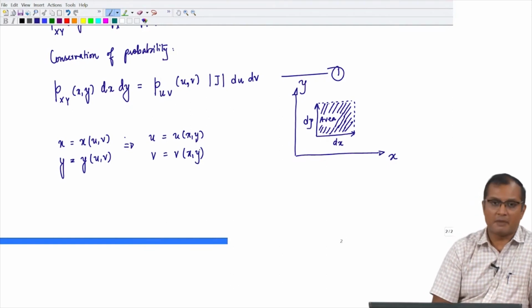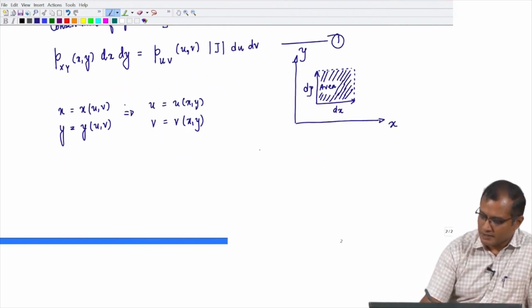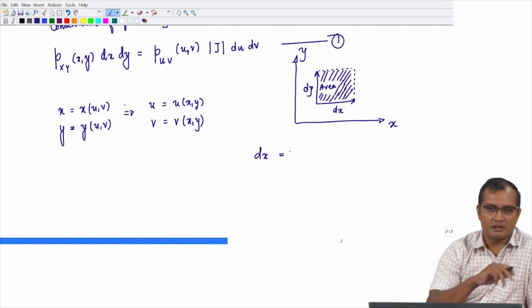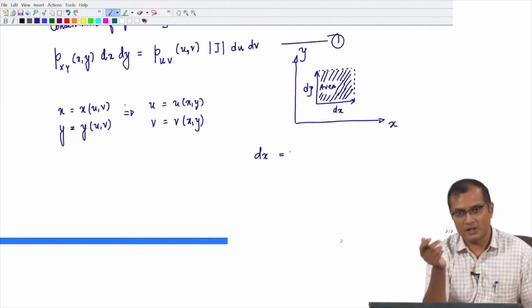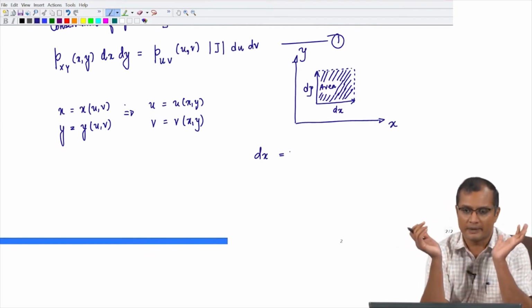So, you can invert this map and then say that since a displacement in x is affected by displacements in u and v, vice versa you can say the displacement in u is affected by displacements in x and y.